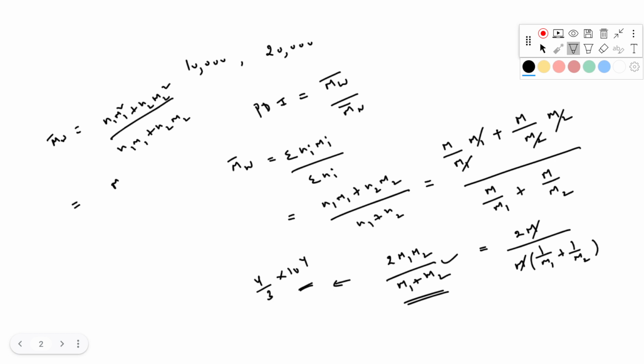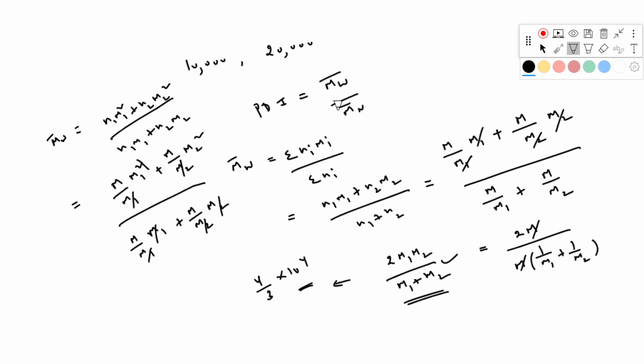So put here M by M1 into M1 square, M by M2 into M2 square, over M by M1 into M1 plus M by M2 into M2. M1 M1 get cancelled, M2 M2 get cancelled.